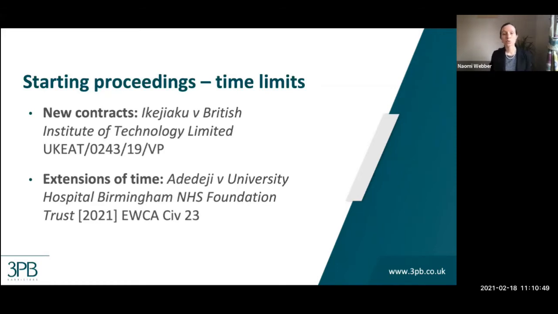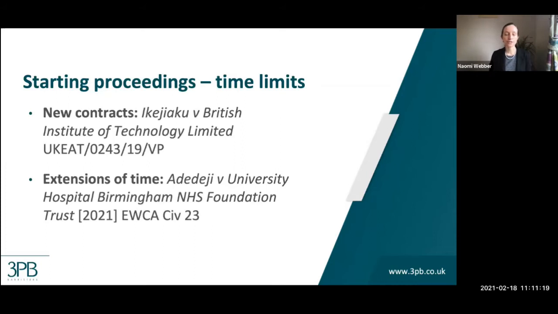This case, in fact, also arose, as I was discussing before, about issues with ACAS numbers, certificates and dates. But the relevant point that went to the Court of Appeal is that the claimant presented his discrimination claim 3 days out of time, despite legal advice advising him correctly when the limitation date was, and whether or not it was just and equitable to extend time in this case.